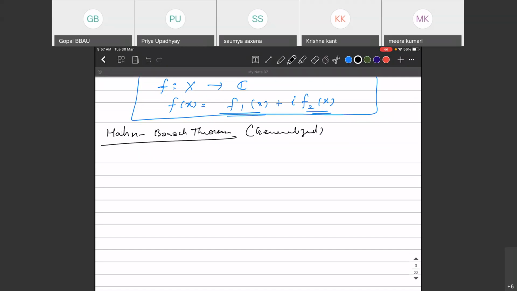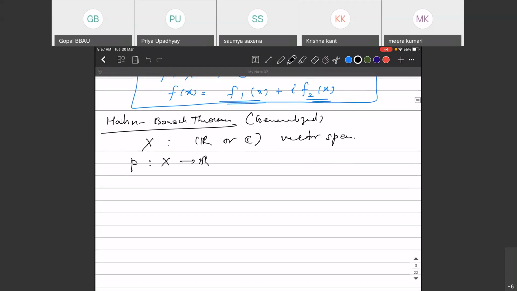So what does it say? Let X be any real or complex vector space, and P a real valued sublinear functional on X. Actually I would not say functional, because by functional, what do we mean?